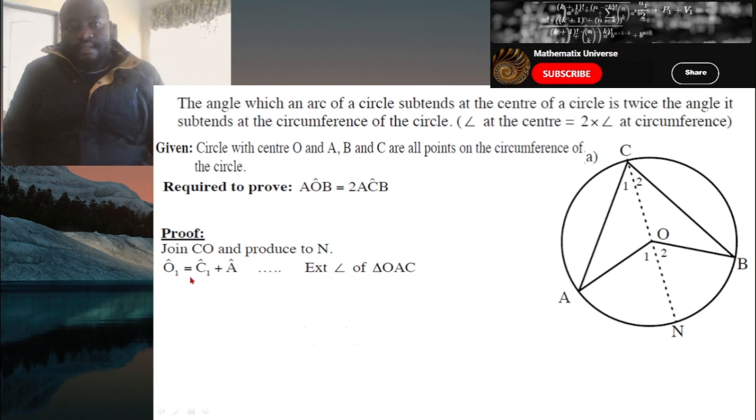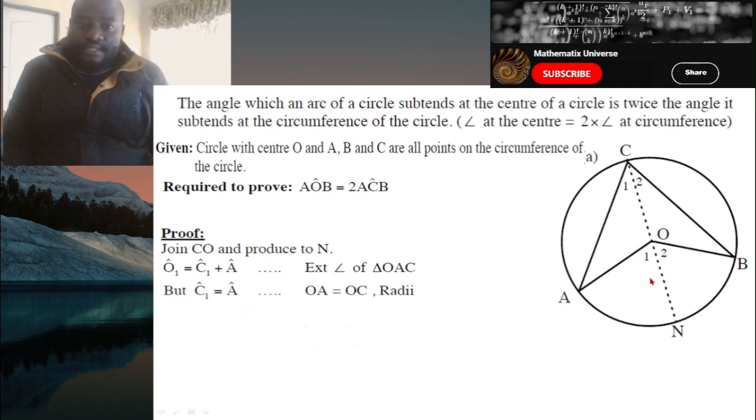Then we say that O1 is equal to C1 plus A. O1, this angle here, is equal to C1 plus A. That's the exterior angle of a triangle. But we see that C1 also is equal to A, because OA and OC are radii, and this makes them angles opposite equal sides because they are equal sides.